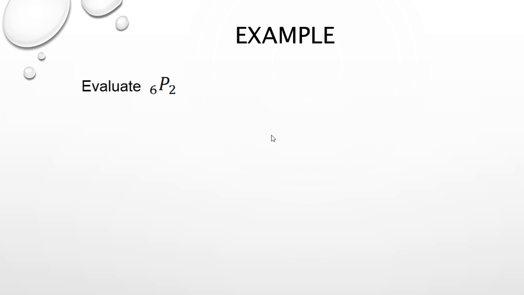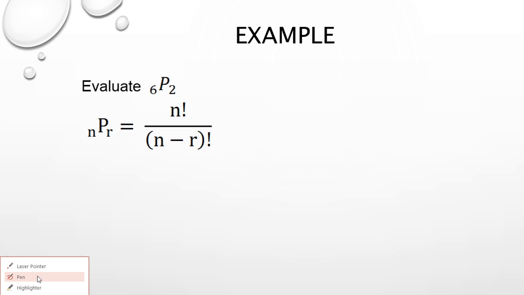Alright, here's an example. This one is just to plug in numbers so you understand how to use it, and then after that we'll give you word problems. So we have n factorial over n minus r factorial. What you want to do is take a look at what n is. Keep in mind that n will always be the bigger number. So in this case, it's going to be 6.